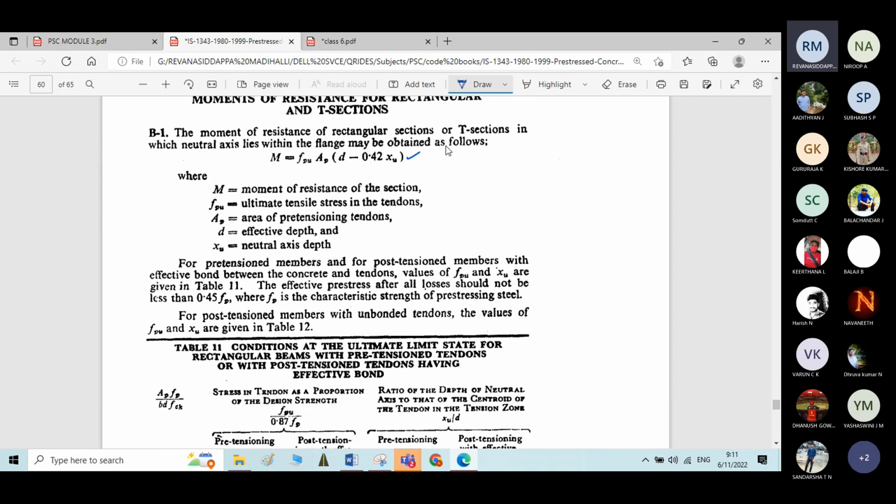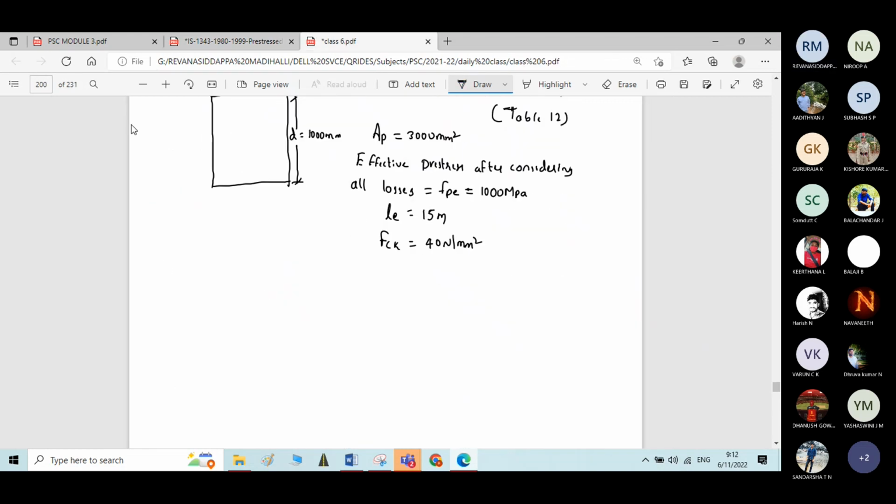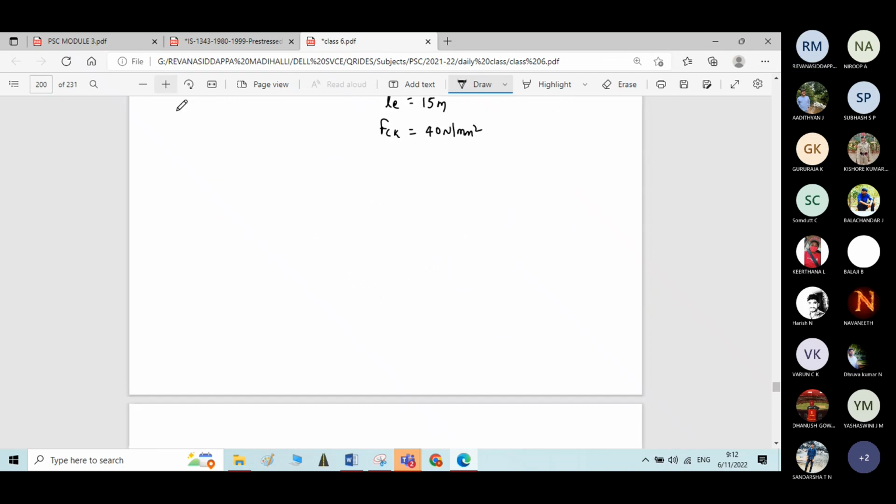MU is equal to FPU into AP into (D minus 0.42 XU). Now, from page number 59 of IS 1343 1980, we have the formula for finding moment of resistance.